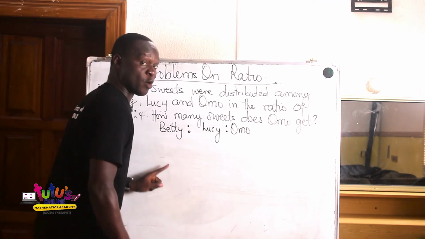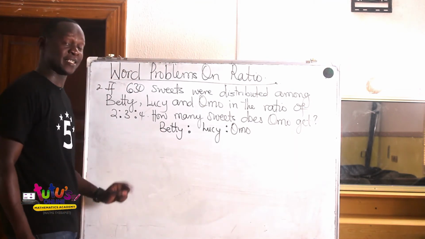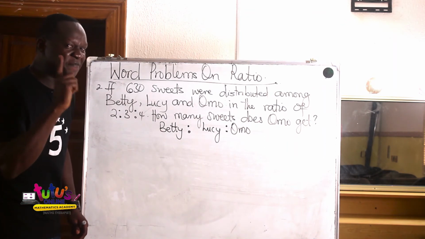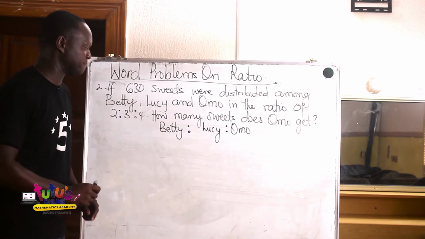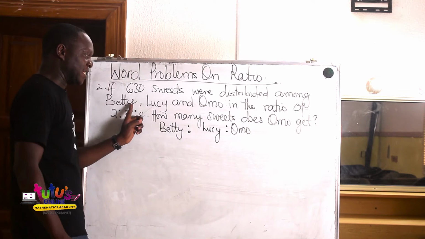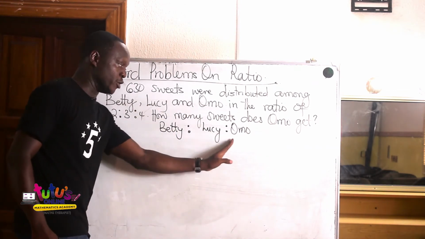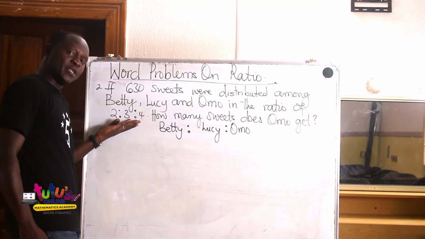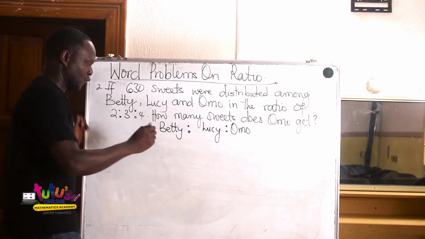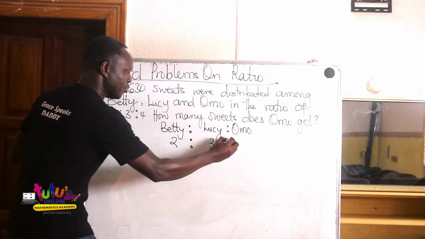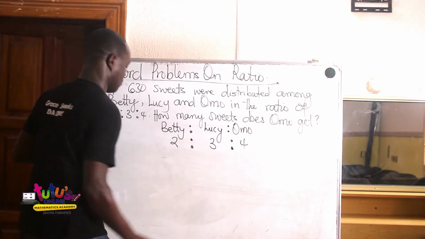If you remember, one of the things I said when we started this class is that ratios must be written in order. Very, very important. So Betty, ratio Lucy, ratio Omo. This is how it was shared. So this will be 2 ratio 3 ratio 4.